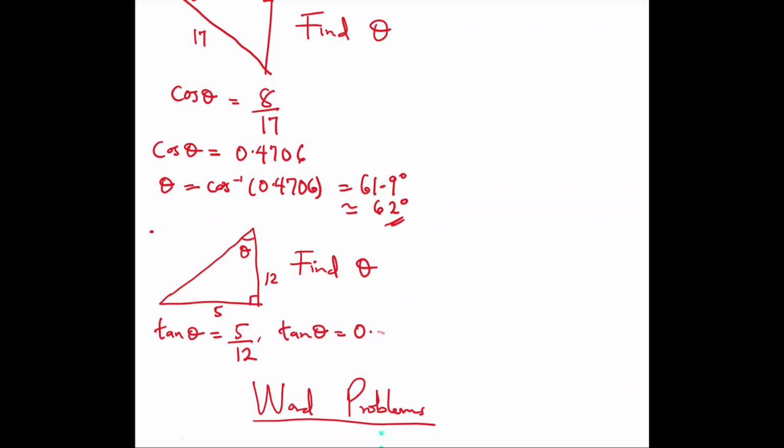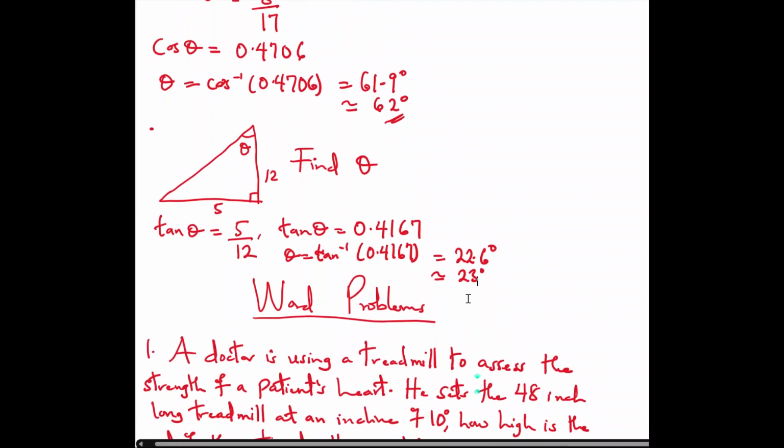So tan theta is equal to 0.4167. Okay, so we can do theta is equal to arc tan 0.4167. So we get 22.6 degrees. So that's approximately 23 degrees. Okay, so that's it for that question.